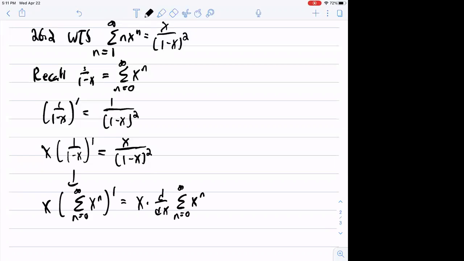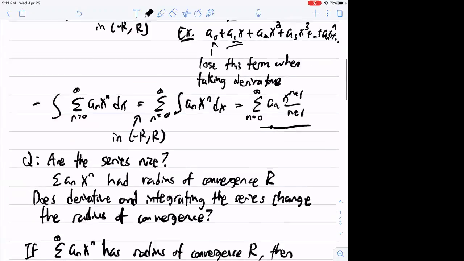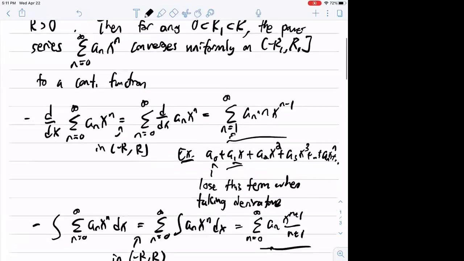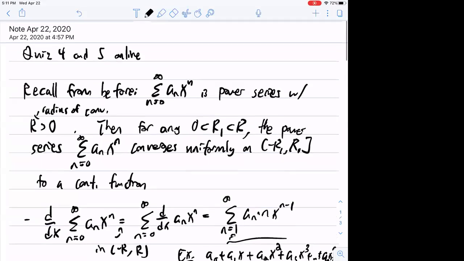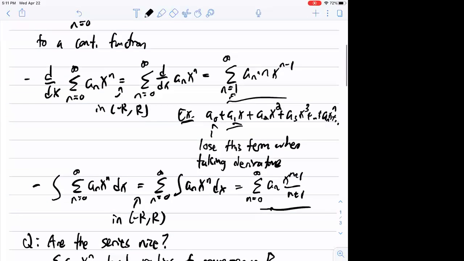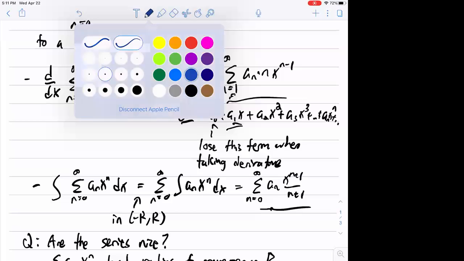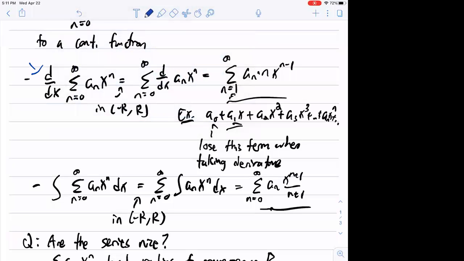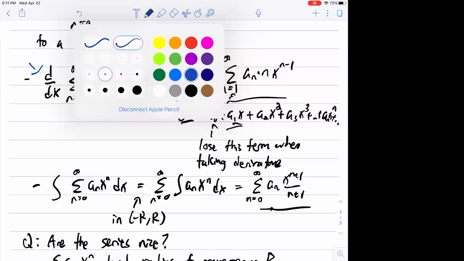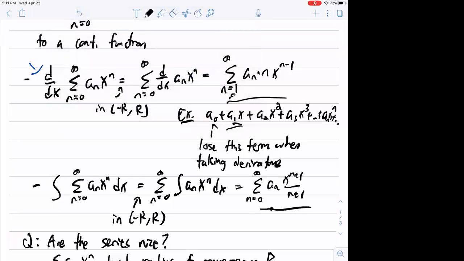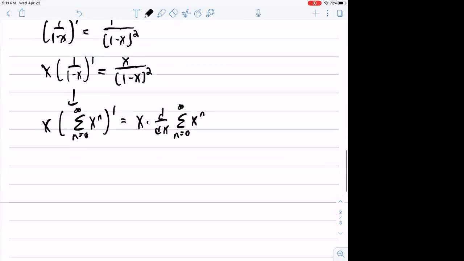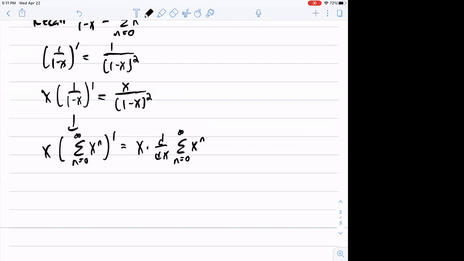Okay, so now we're going to use that theorem. Basically we can differentiate term by term. So d dx, I could bring it inside provided I'm in my radius of convergence. What is the radius here?